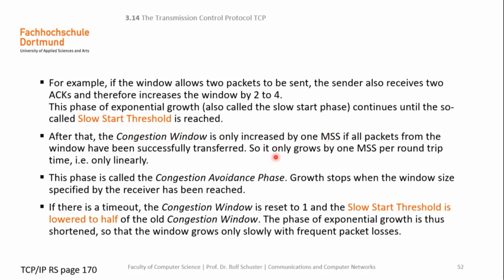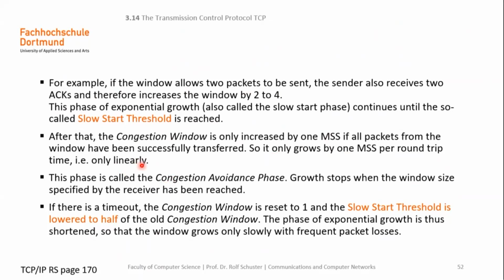So it only grows by one MSS per round trip time, that is, only linearly and not exponentially as in slow start. This phase is called the congestion avoidance phase.